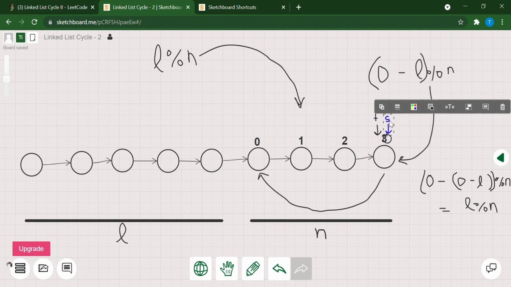The way to do that is pretty neat actually. What we're going to use is the fact that L is the number of nodes not in this cycle, right? That's what we started off with. So I'm going to move my slow pointer here to the start, and my fast pointer is just going to remain here.